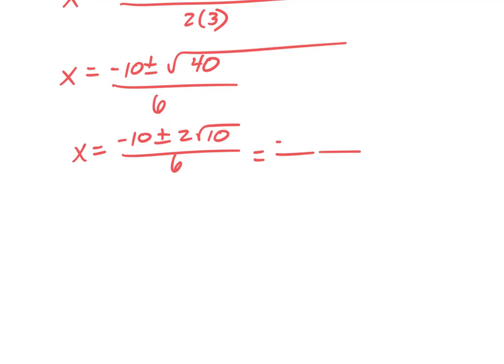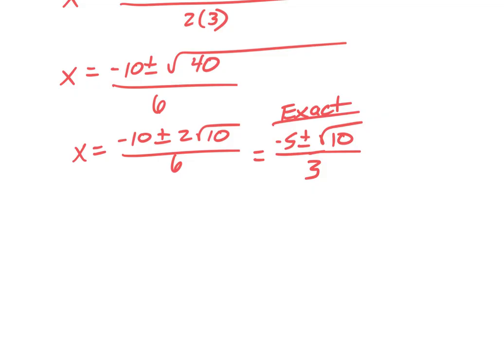So this would really become negative 5 plus or minus radical 10 all over 3. This is what we call our exact answer. If they ever ask for an exact answer or a radical answer, that's how we would leave it.